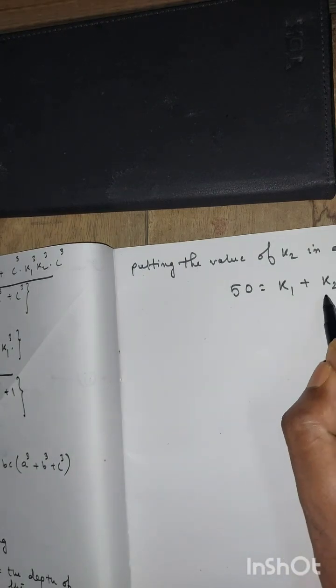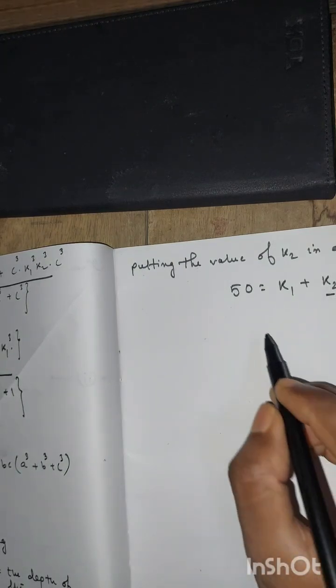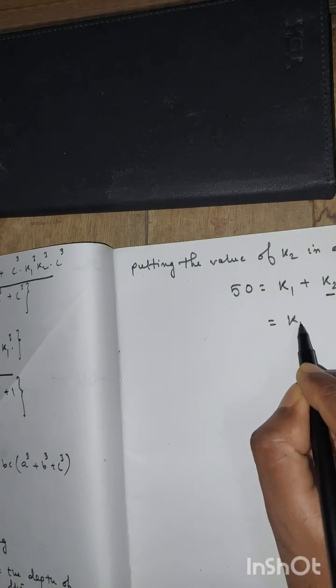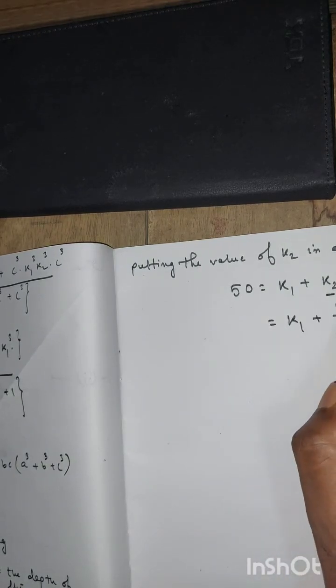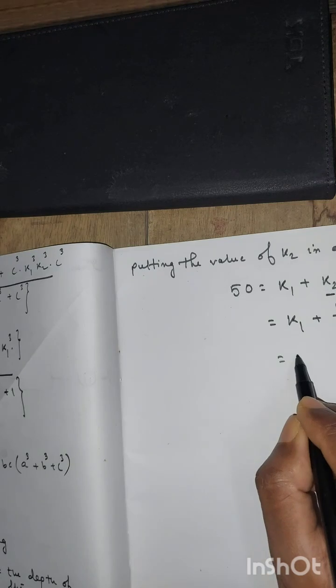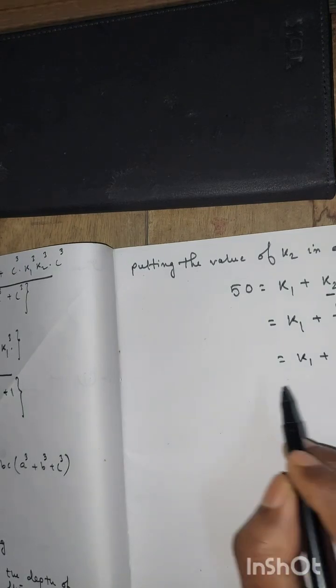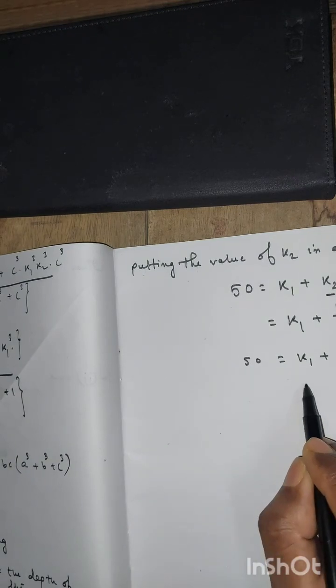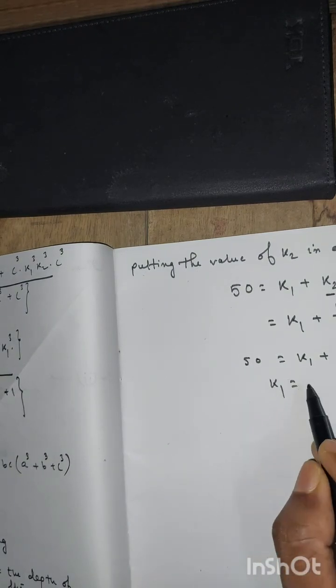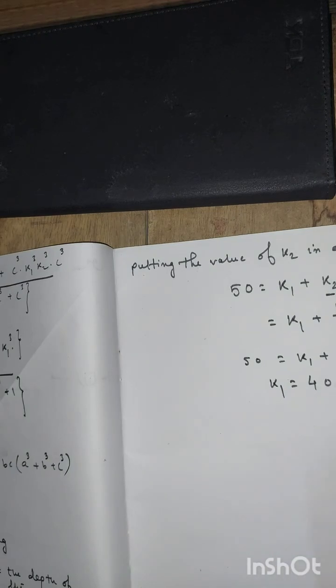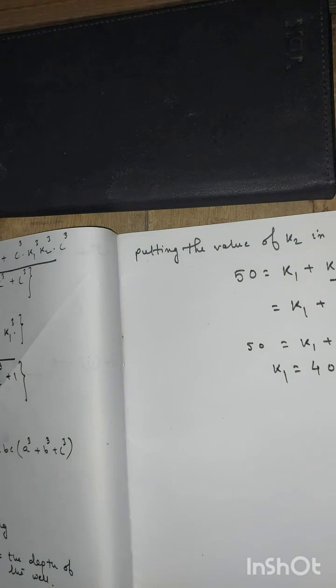So we are putting the value of K2. So K1 is 40. Now we know the values of K1 and K2.